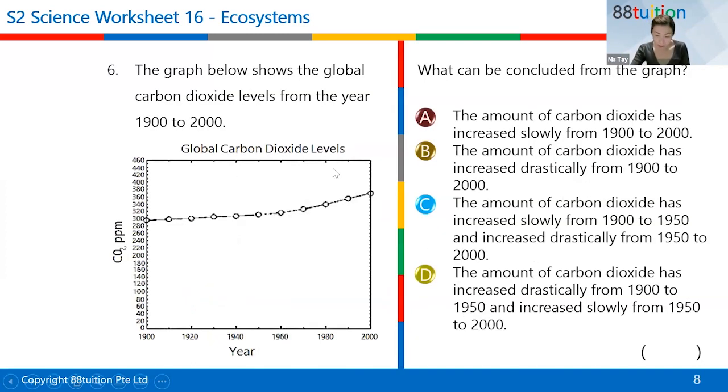Question 6. If you have chosen A, increase slowly from 1900 to 2000, you are not wrong. This is not a wrong answer, but this is not the best answer. Many of you, can I just make a guess? You read the first option and then you choose your answer already. You didn't even read the next one or the one below it.